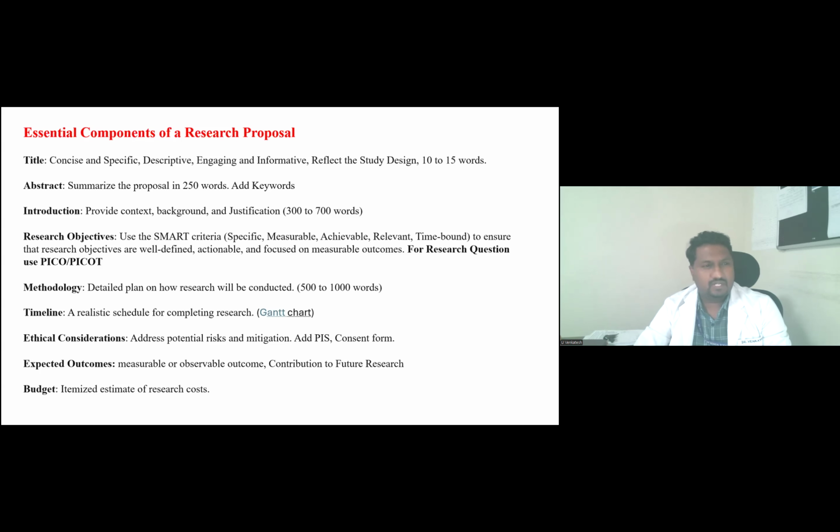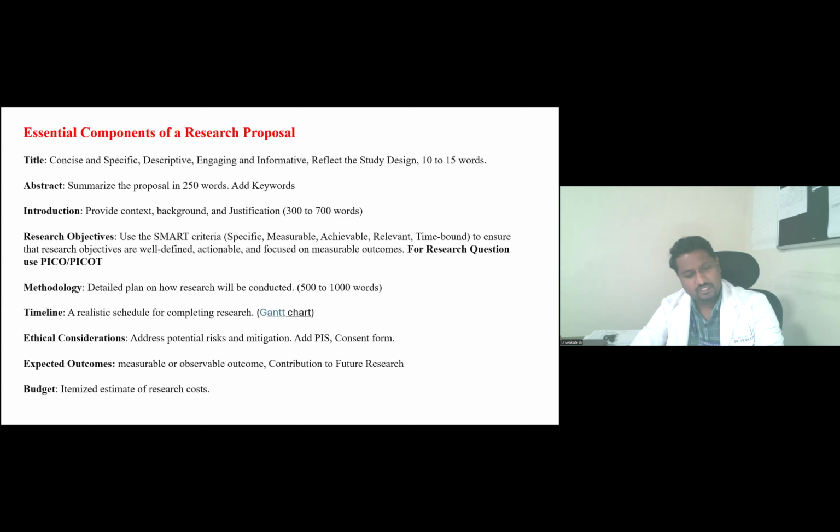We start with the title. It is generally accepted that the title should be concise and specific, informative enough, representative of the entire manuscript, and it should also indicate the study design. Even if the exact study design is not mentioned, that is okay, but it should give some indication regarding the study design.